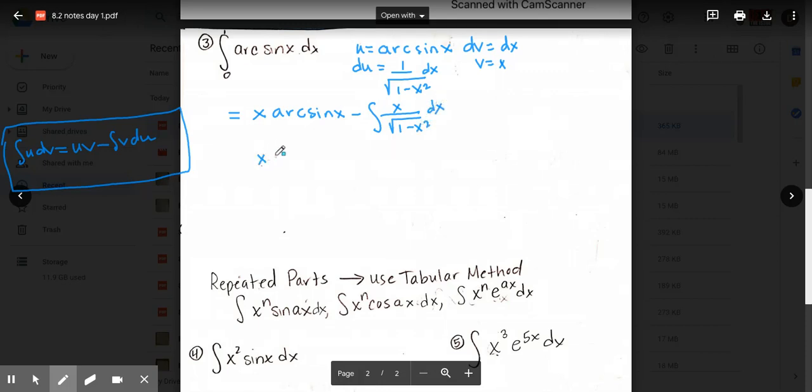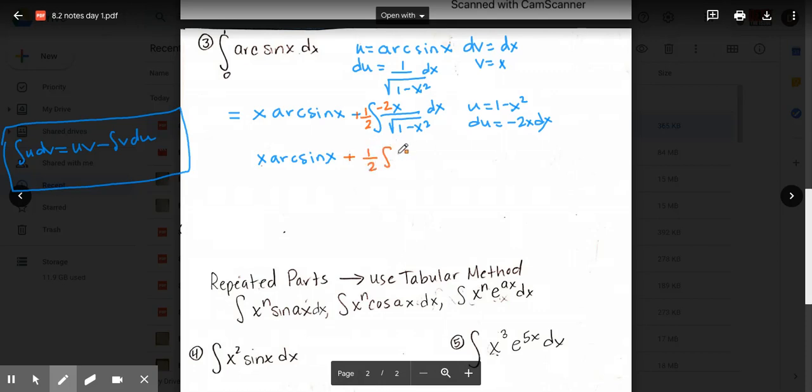Okay, so this is x arc sine of x. So here, if I make u the inside, when I go to integrate this, du is negative 2x dx. So I've technically put a negative 2 in and a negative 1/2 on the outside, which makes it positive 1/2.